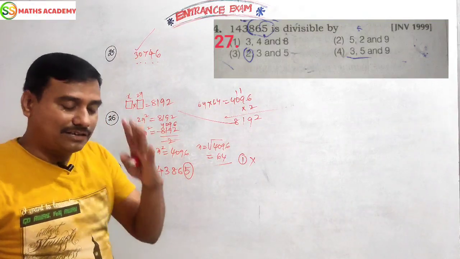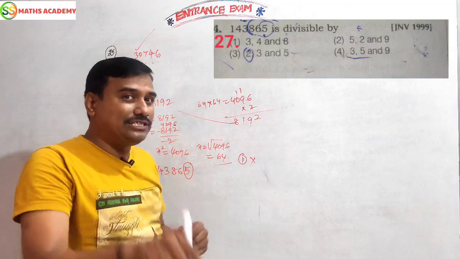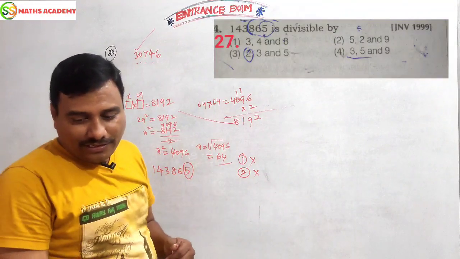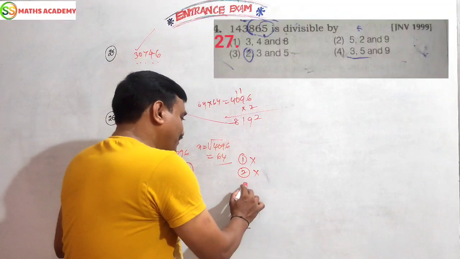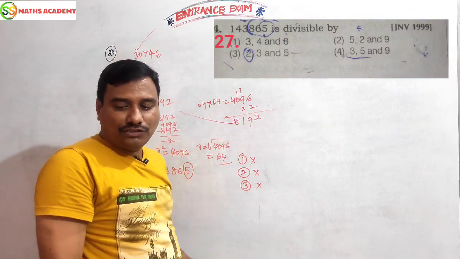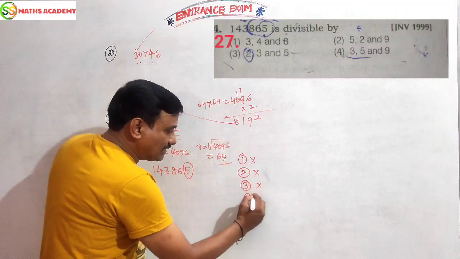The second option 529, 2 is an even number, so it is also not possible. Next, the third option 235, here also 2 is an even number, not possible. Next, the fourth option 359. 100% the fourth is correct.